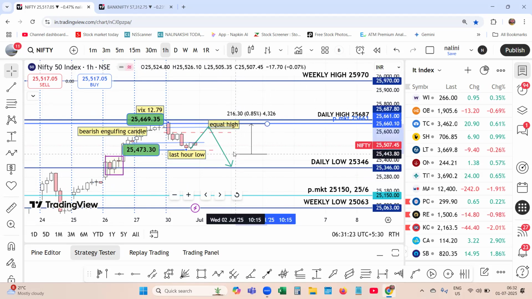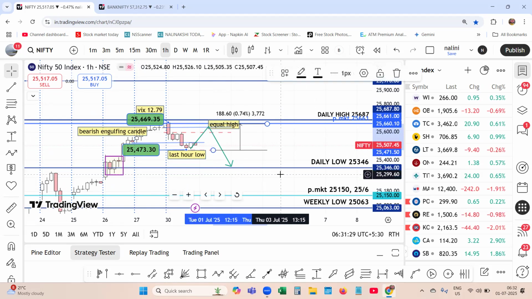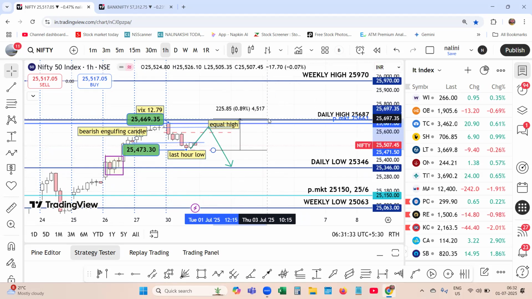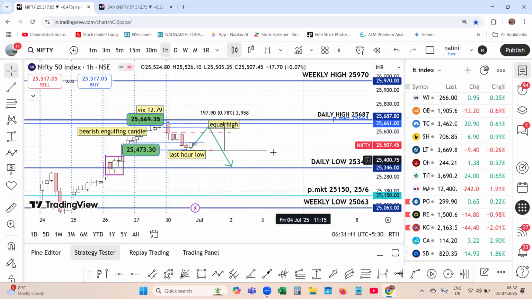Suppose it is within the range of yesterday's range, it is 188 to 200 points. If I move this, it is a 194 points range. 194 to 197 points range.